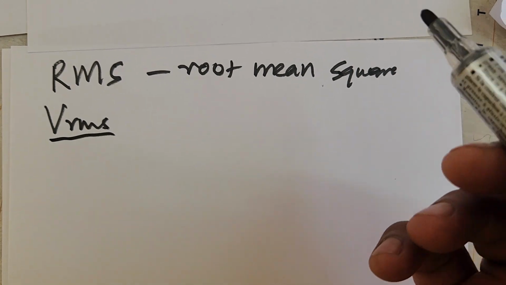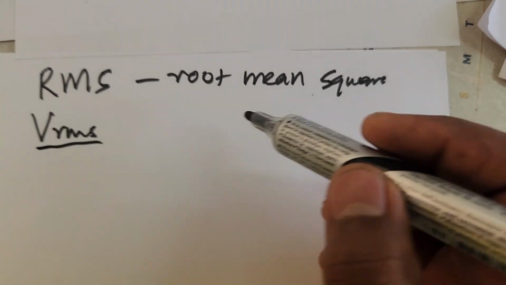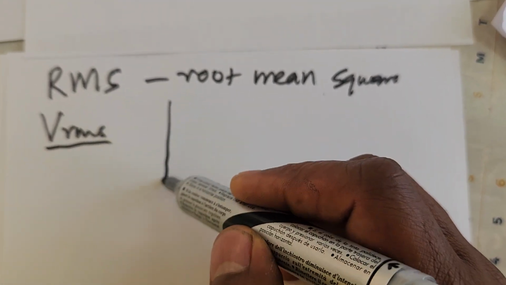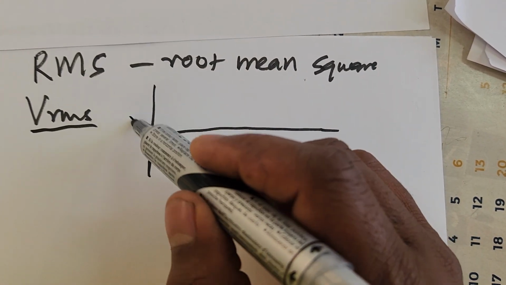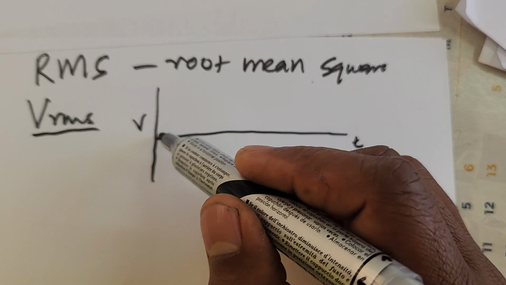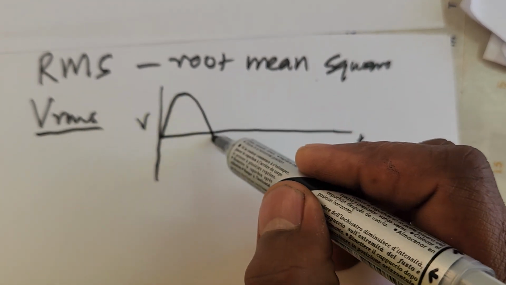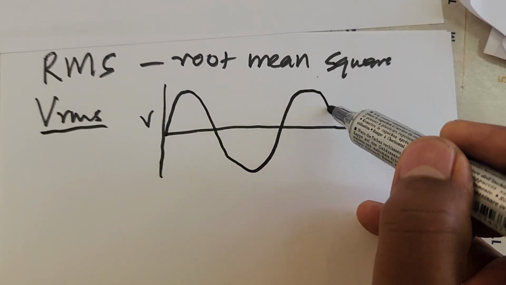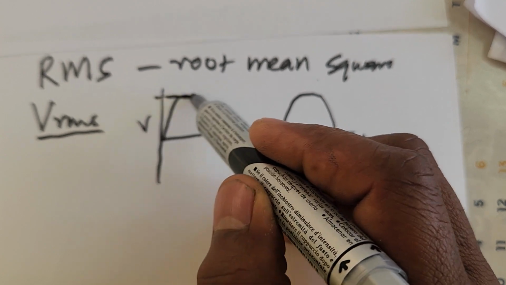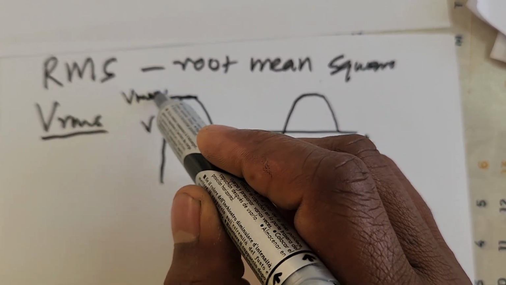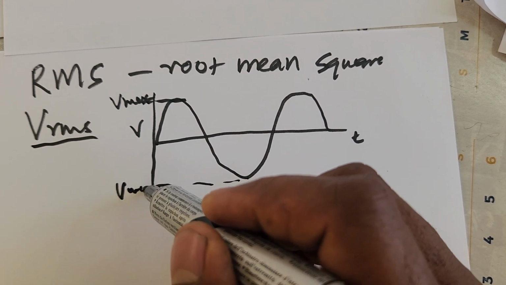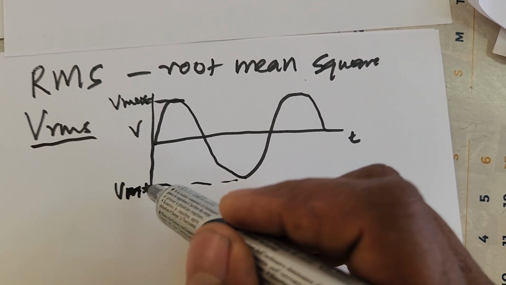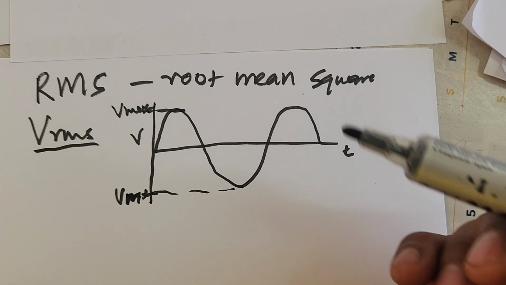Let's define the two. If you draw a voltage-time graph, the highest value is Vmax, and the lowest value is still Vmax. Then where is VRMS?